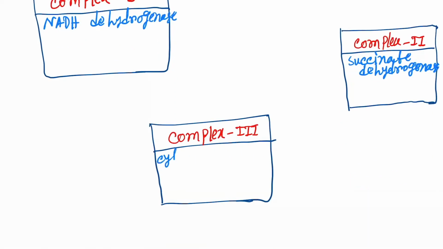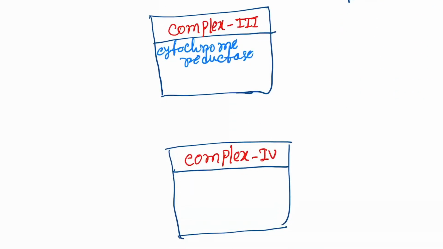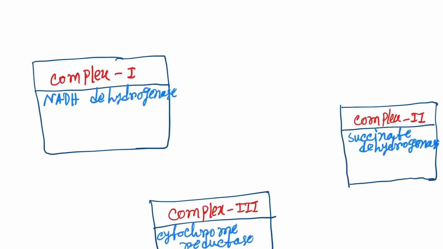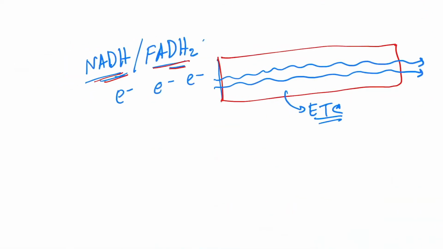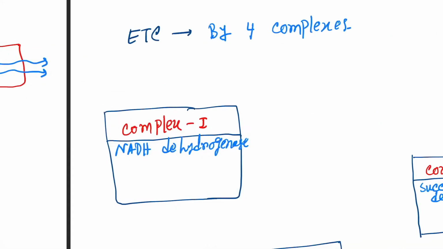Complex 3 is cytochrome reductase. Complex 4 is cytochrome oxidase.